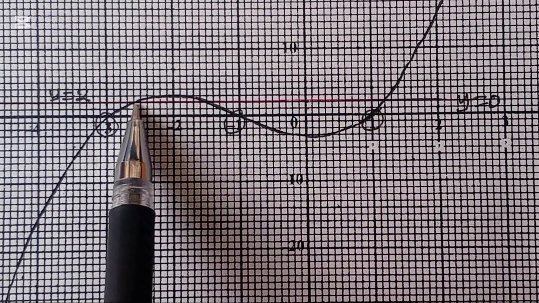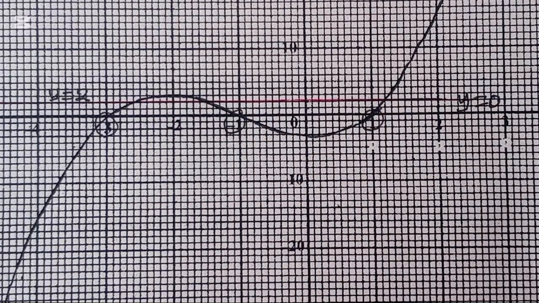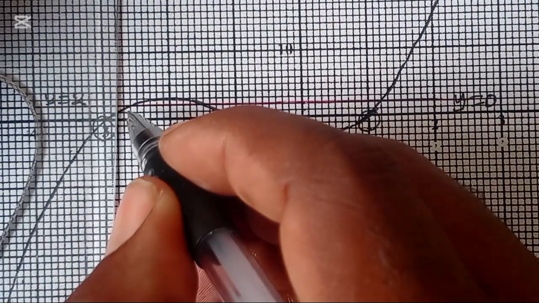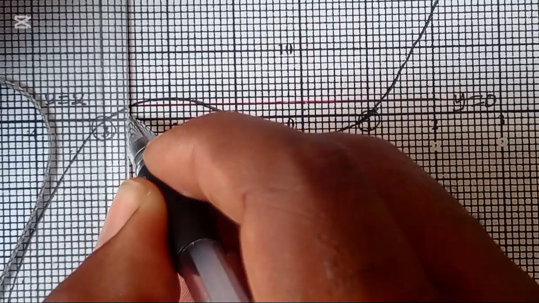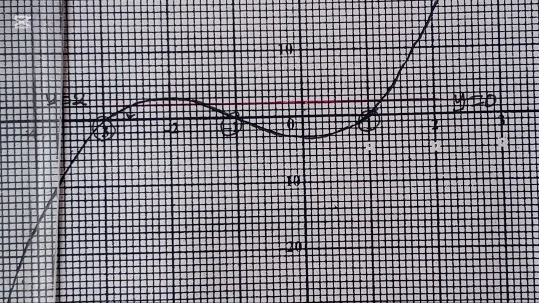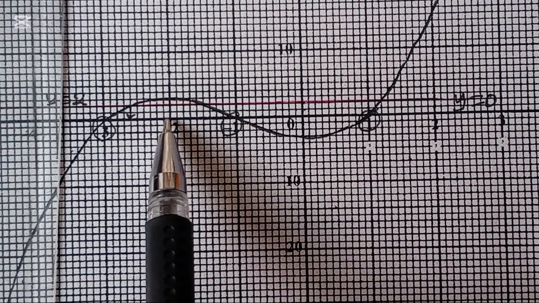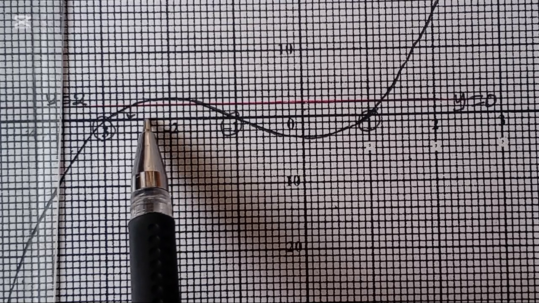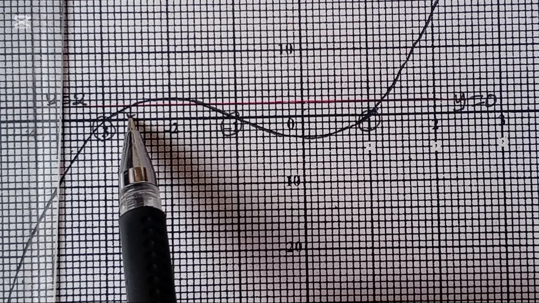So we've got 3 points, this point, and this point. I'll start with this one. This is where our first answer will be. So this is negative 2, 0.1, 0.2, 0.3, 0.4, 0.5, 0.6. So negative 2.6.